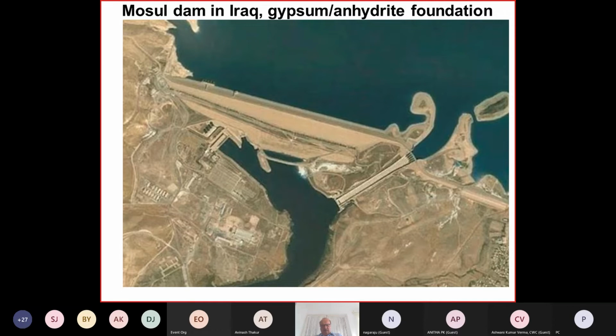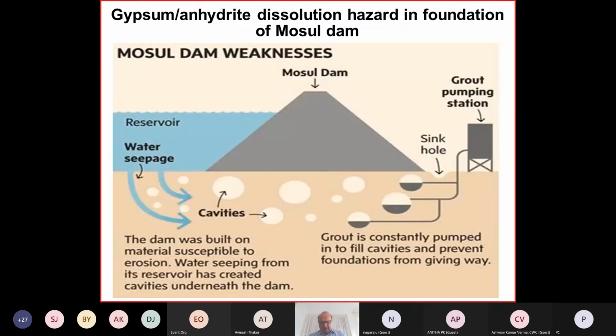It is about 110 or 120 meters high. It is just in Mosul at the Euphrates River, and it is a massive dam, and it was completed in the 1980s, even during the time of the war with Iran.